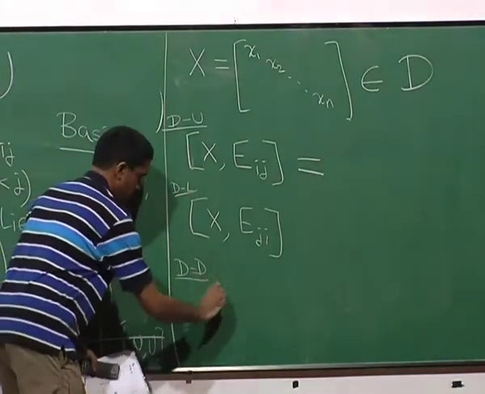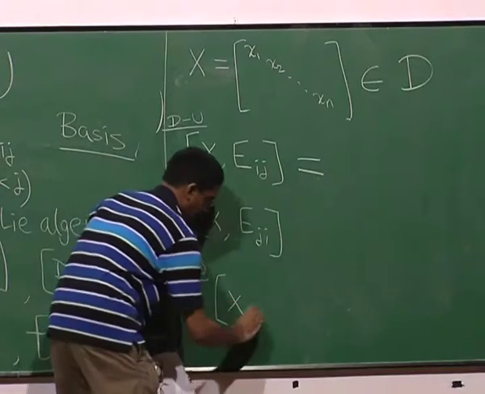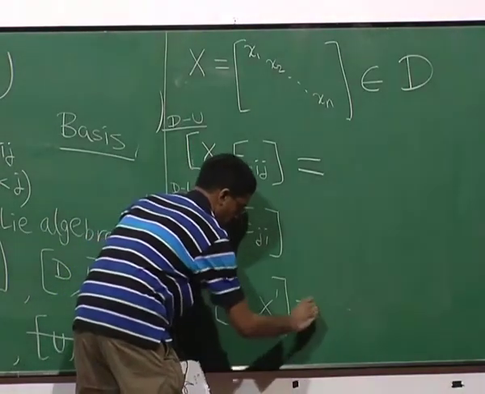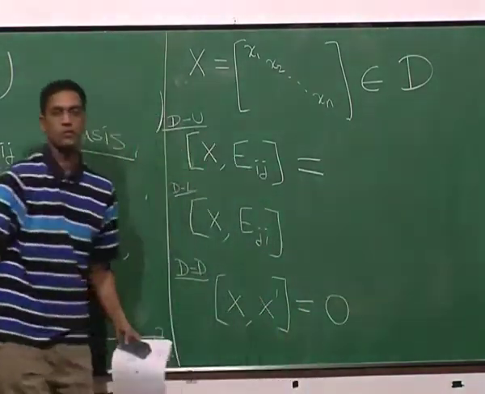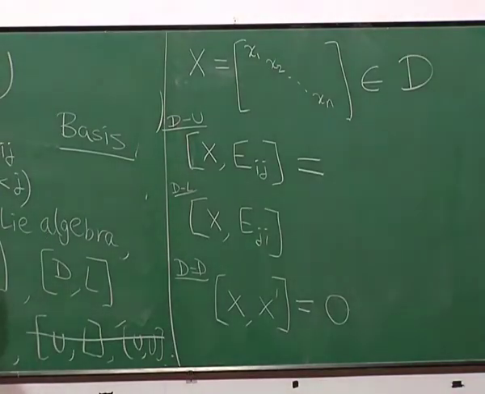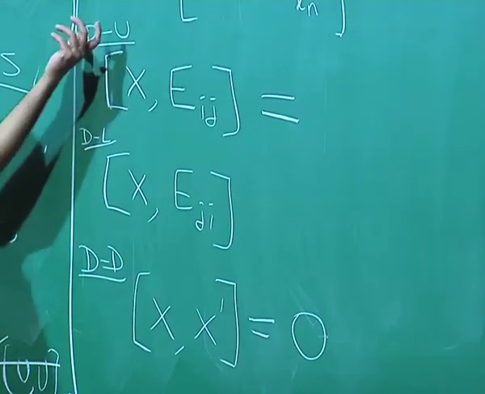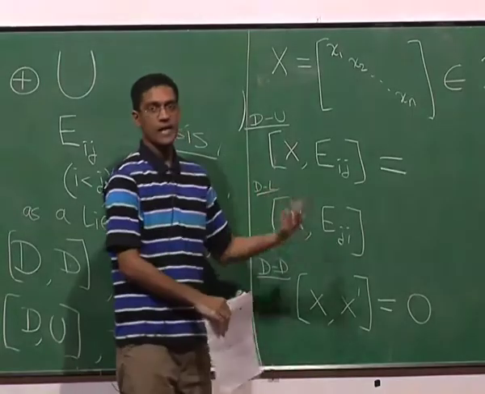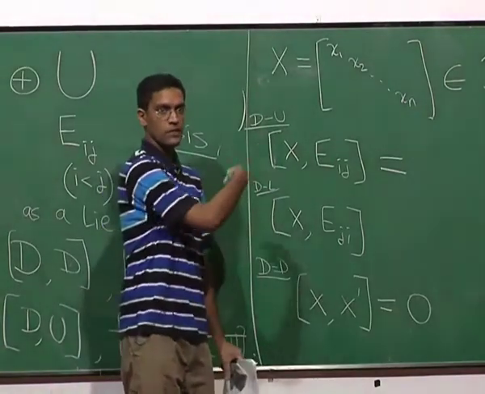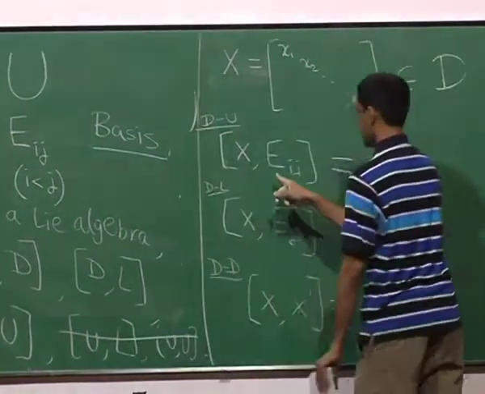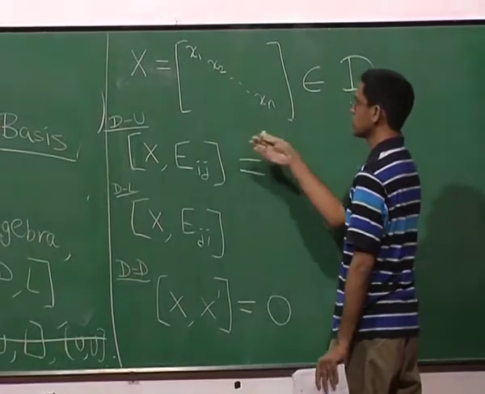So this is trying to figure out D with L, what are those pairs? And D with D is the easiest of the lot. If I have two diagonal matrices, then AB minus BA is always 0, right? So two diagonal matrices always give you bracket 0. That's an easy calculation, so I don't need to care. One only needs to understand how the D's and U's interact, and how the D's and the L's interact. Now the D with the U, x with Eij, so you just have to do the calculation.